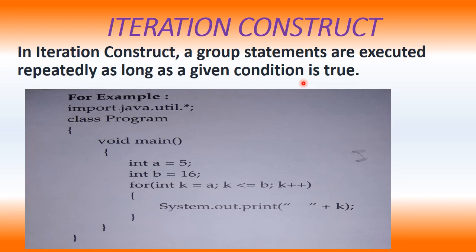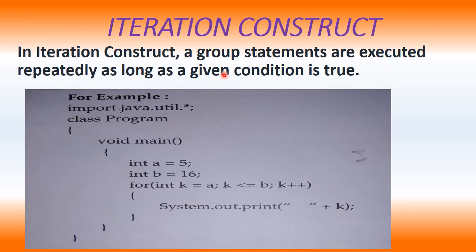In this type of construct, the group of statements may be a single statement or a group of statements, and those will be executed repeatedly. Just like you have to welcome the guests.